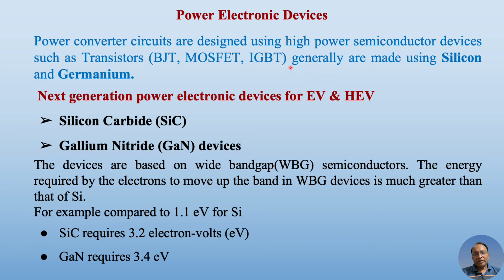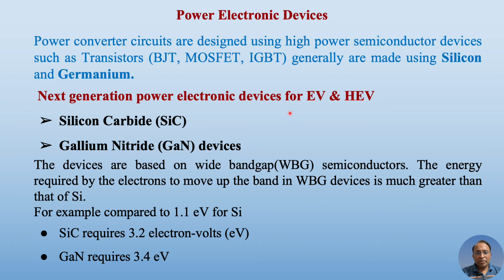Generally all these devices, which are called power semiconductor devices, are made using silicon and germanium, conventional semiconductors. But with the evolution of electric vehicles and the faster control requirement and high power densities, the next generation power electronic devices have evolved.